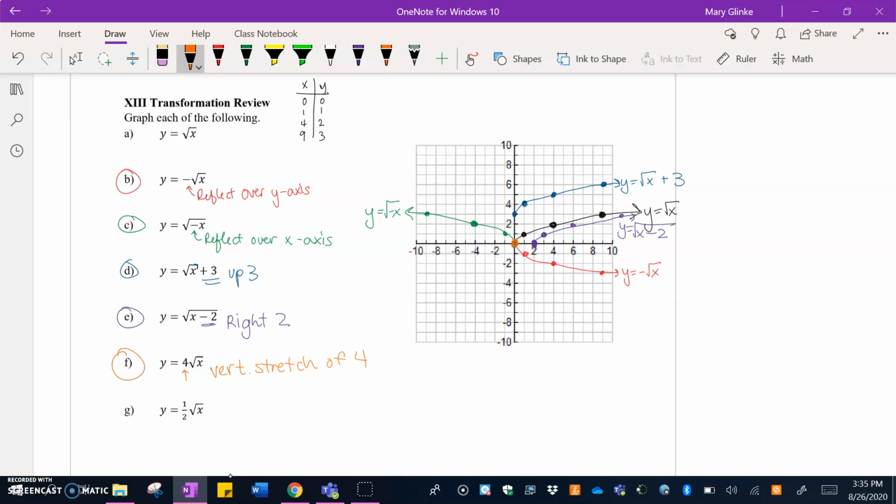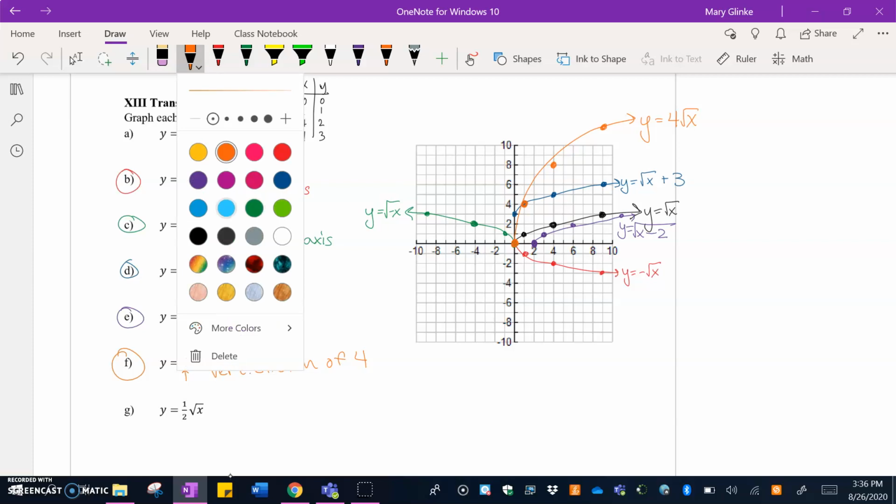So our first one is still 0, 0. The next one was 1, 1, so that 1 is going to get stretched out 4 times taller. 4, 2, the 2 is going to get stretched out 4 times taller. And the 3 also would get stretched out 4 times taller. So this is y equals 4 times the square root of x.